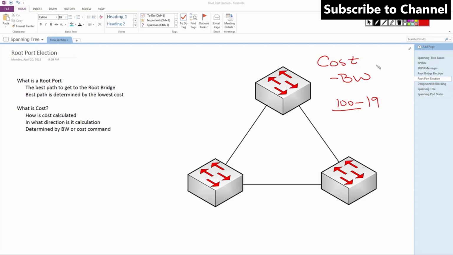Now remember, what's my interface? This is an interface. This is an interface. Okay, our links are physical interfaces locally significant to those switches. If I go into one of those switches and go into this port and I change the bandwidth, it'll automatically change the cost value.